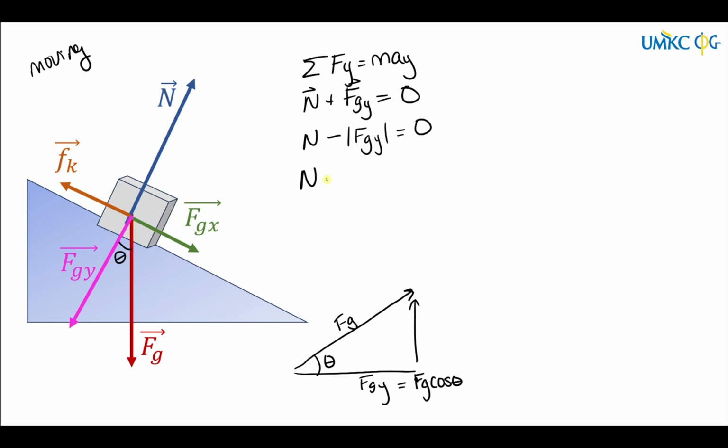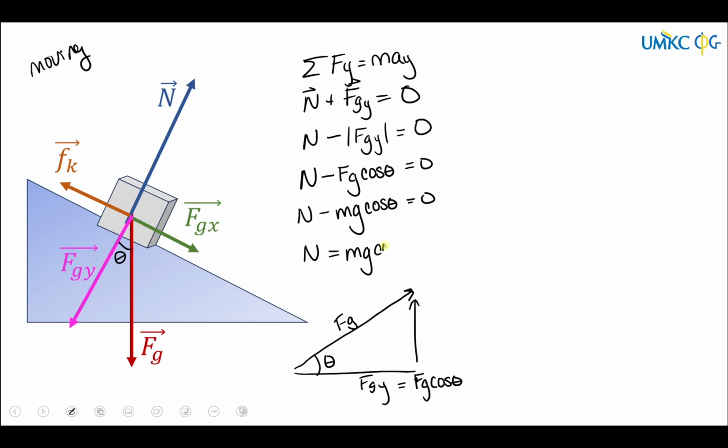So I have my normal force minus Fg cosine theta is equal to 0. Fg is equal to mg. So my normal force minus mg cosine theta is equal to 0. This means that my normal force has to be equal to mg cosine of theta.